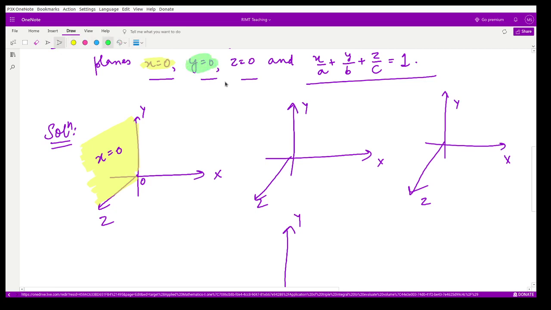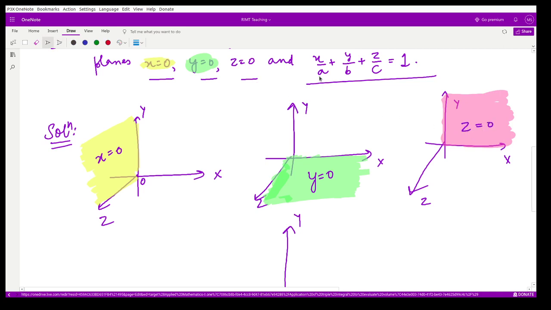The plane y is equal to 0 means we are talking about this particular plane, because here the value of y at every point is equal to 0, right? And what is the plane z is equal to 0? The plane z is equal to 0 means we are talking about this xy plane. This plane is z is equal to 0.